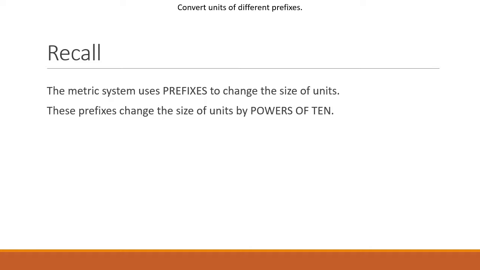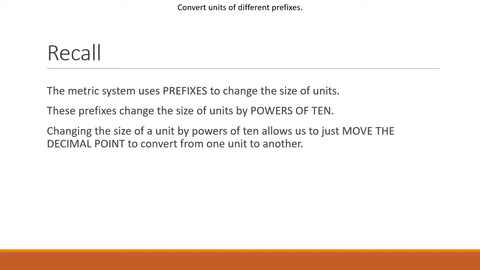I can make units 10 times larger or smaller, 100 times larger or smaller, 1,000 times larger or smaller, and there are actually many more prefixes other than those, but those are just the ones that we use in this class. So because we change units by the powers of 10, all we have to do whenever we convert from one unit to another is just to move the decimal point.